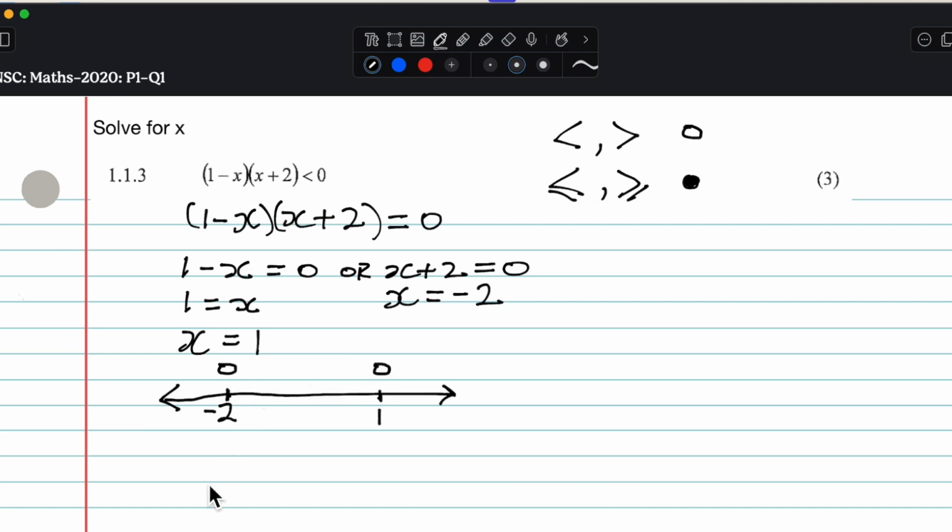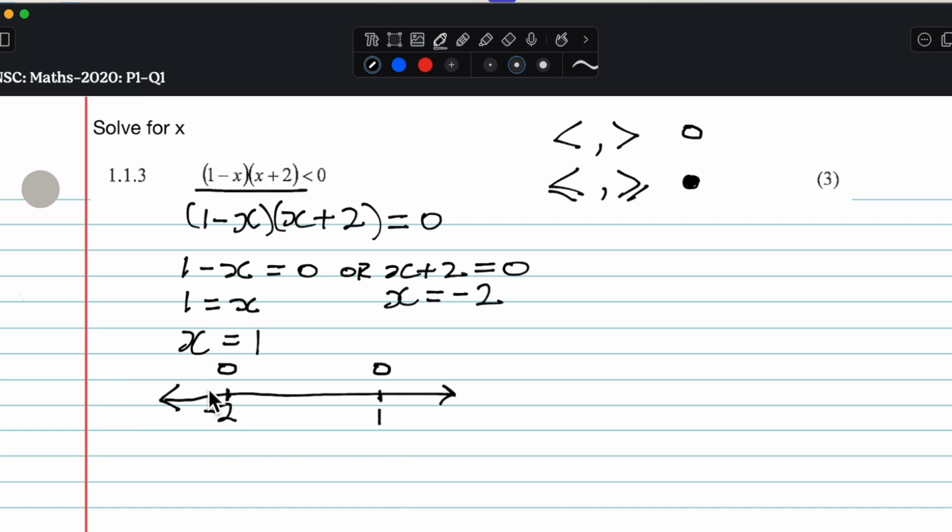So here we will use a calculator to test which values will satisfy the inequality. Remember that we want values of x where this expression gives us a negative value, less than 0. So start on the far left hand side, the values of x that are less than negative 2, then the values of x that are between negative 2 and 1, and then values of x that are greater than 1, and let's see what happens there.